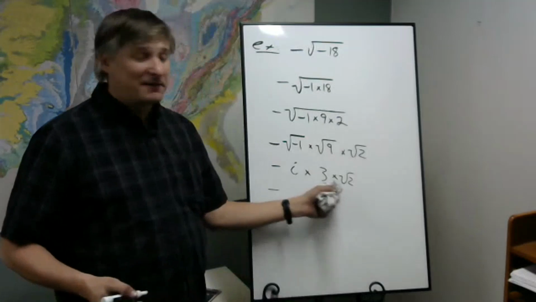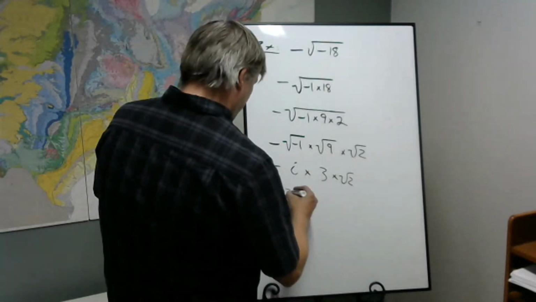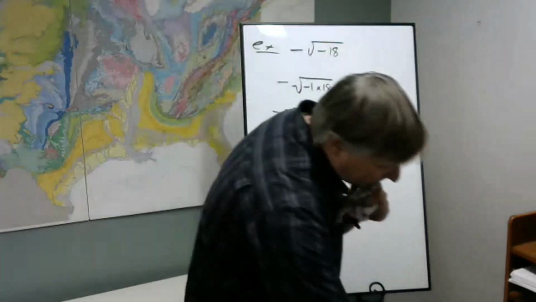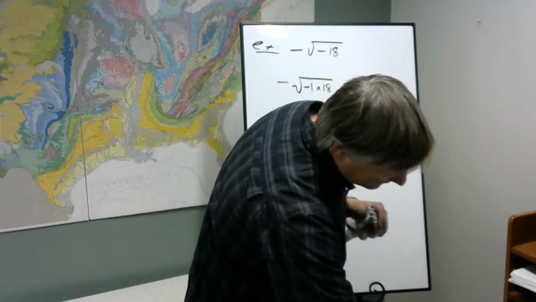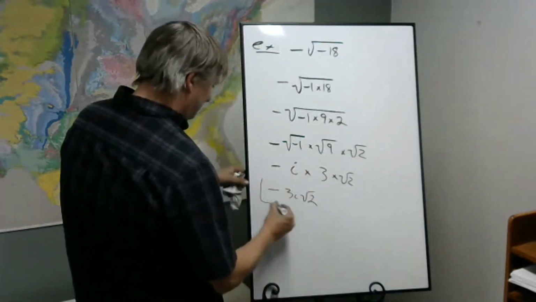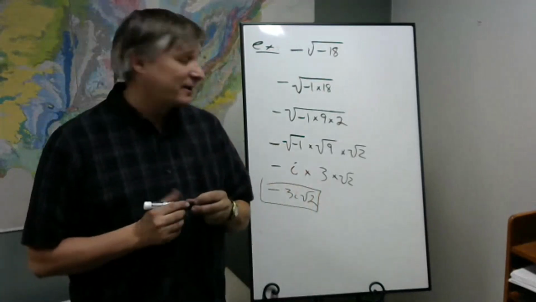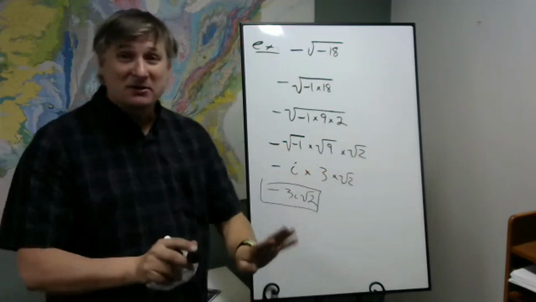So we leave it as that. So this will become negative 3i root 2. Let me just check the format on that question. And that would be correct. So that's going to be our answer. Again, we have to keep that as a square root of 2. That was my slip up.